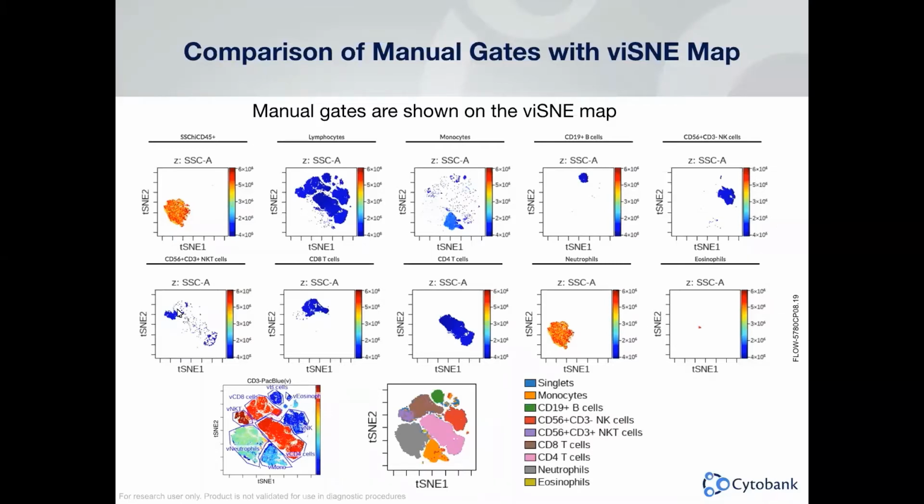It's an indication that my manual NKT gate is not very clean. I should have done CD4, CD8 negative gates before I approached my CD56 positive and CD3 positive NKT gates. This is an indication of how inaccurate and subjective manual gates can be. I believe many of the people here might have done the same thing that I did.